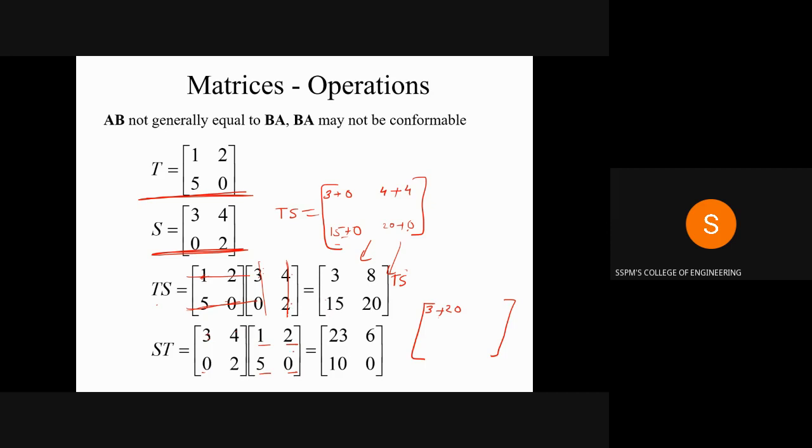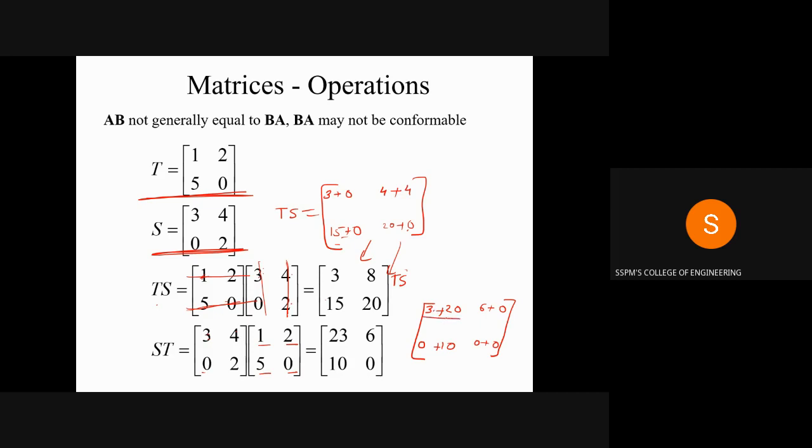For first row, second column: 3 into 2, it is 6, 4 into 0, it is 0. Now second row, first column: 0 into 1, it is 0, plus 2 into 5, it is 10. Now second row, second column: 0 into 2 is 0, and 2 into 0 is also 0.